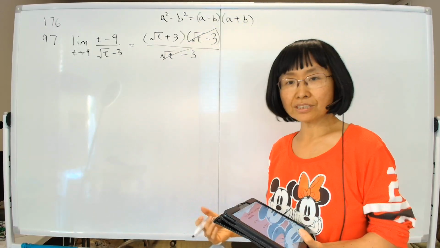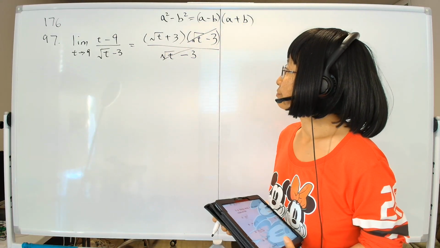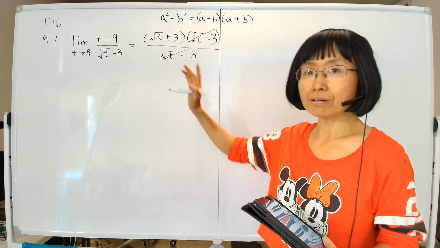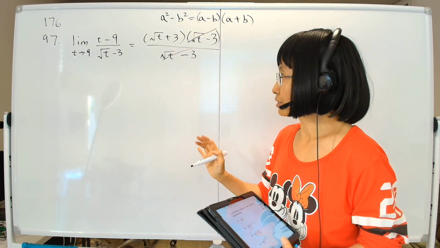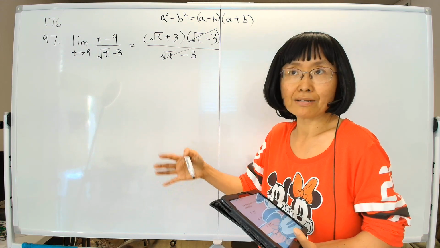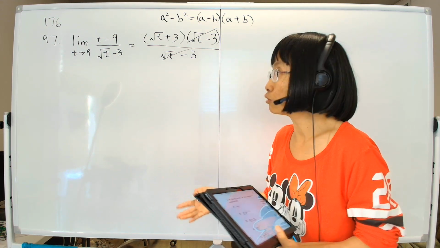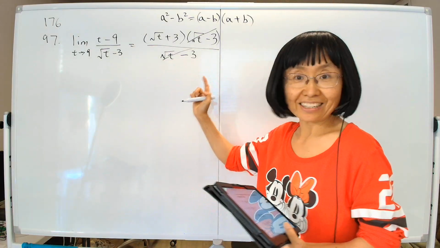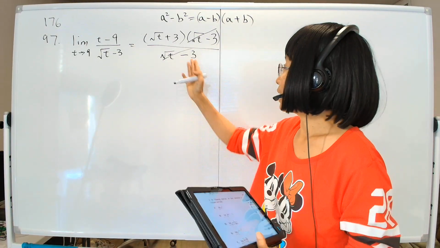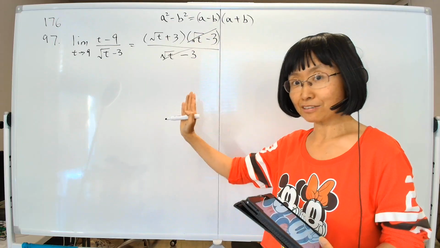As t approaches 9, the square root of t approaches 3, but it's not 3. It only approaches it. So it's like maybe 3.001 or 2.99999. Whatever it is, it's not 3, okay? But it's very close. As long as it's not 3, it's perfectly legit to cancel it.